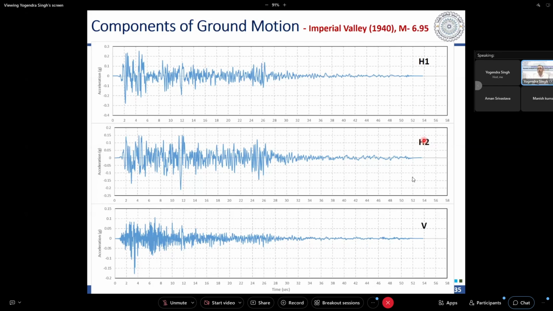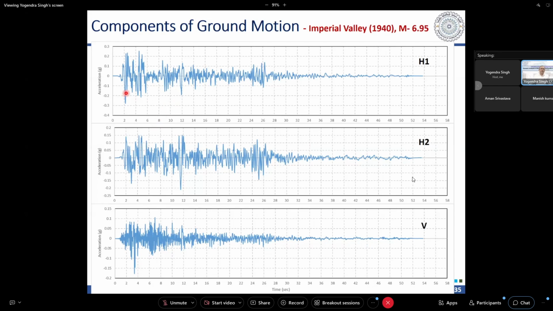The ground motion is in all the directions, and that direction is also changing with time. That's why we get fluctuating, reversible components in any two orthogonal directions and the vertical direction. And if we know the components in any two orthogonal directions, we can always rotate it into any other direction.